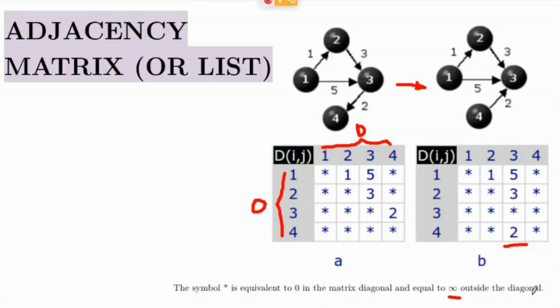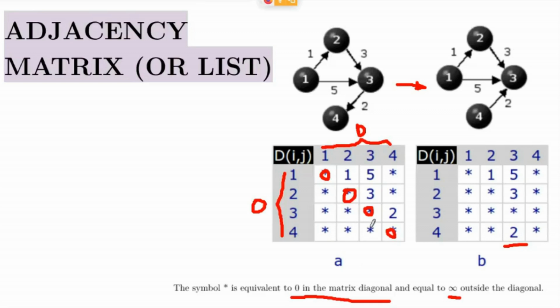Well, the nodes that have no connection with their neighbors are symbolized here by the star, right? So this star is equivalent to 0 in the matrix diagonal and equal to infinity outside the diagonal. What do I mean with this? The total cost to go from 1 to 1 is 0. That's why here the values are 0 in the matrix diagonal: 0 and 0 here, 0 and 0. Because the total cost to go from 4 as the origin to 4 as the destination is 0, right?